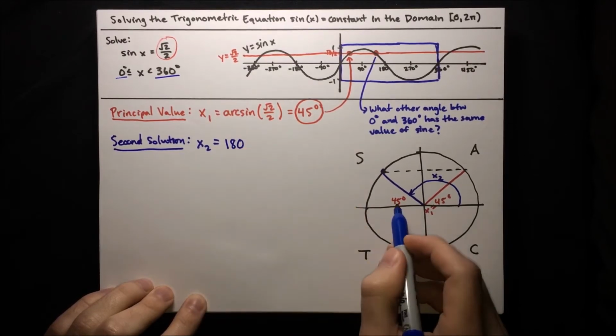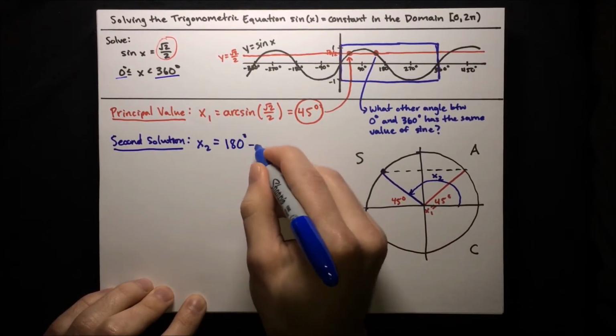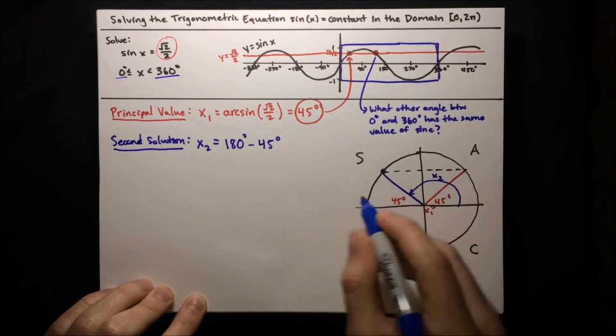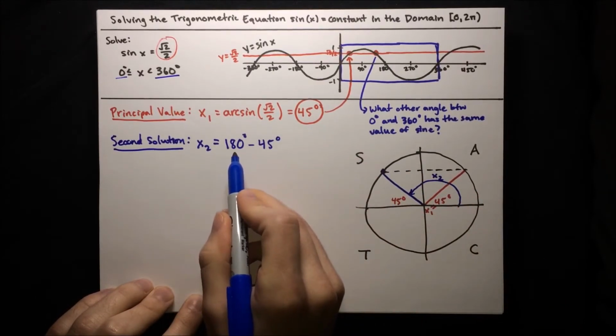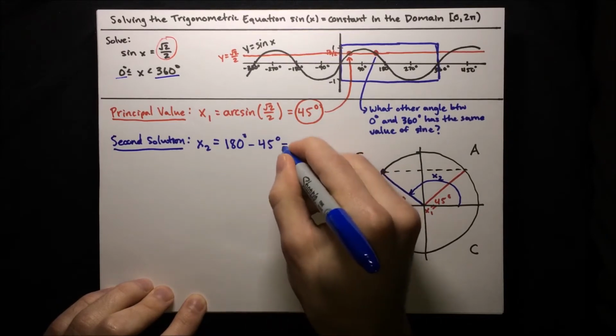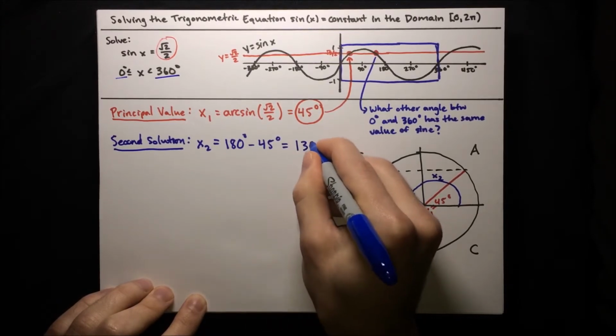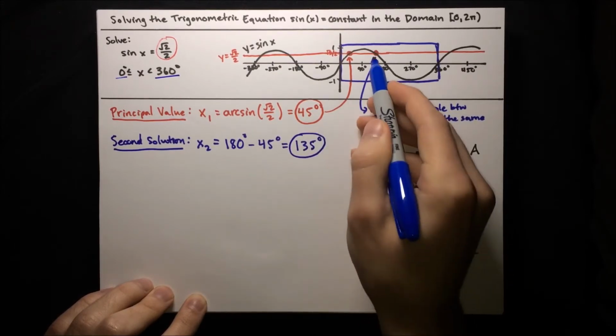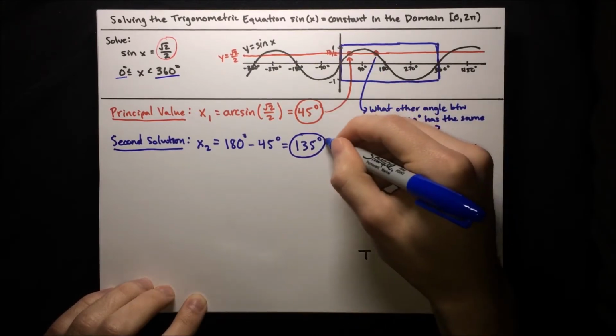So we can use our reference angle of 45 degrees and go backwards 45 degrees, and that'll get us just part of the way around. So x2 is just 180 degrees minus 45 degrees, which is just 135 degrees. So 135 degrees is that point right there.